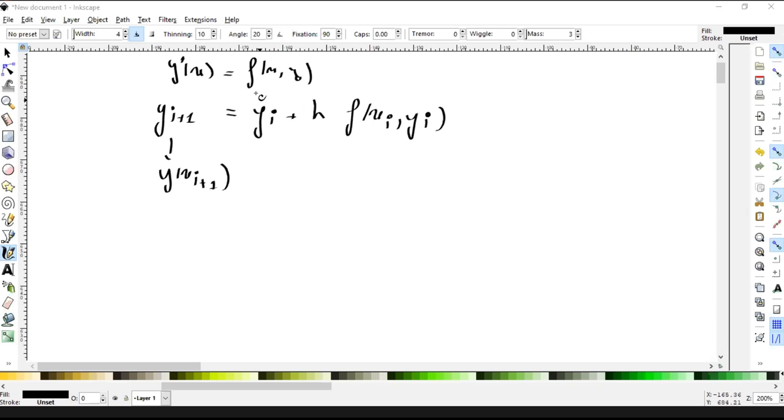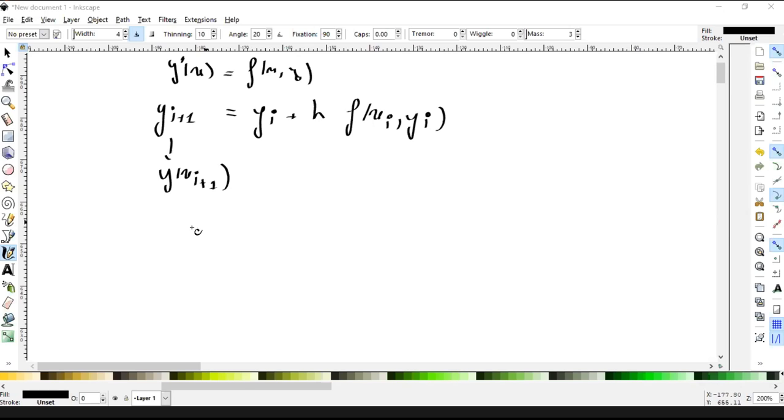Here it's from x_i to x_{i+1} because we're calculating at x_{i+1}. And by retaining the rectangle method, you get this expression.